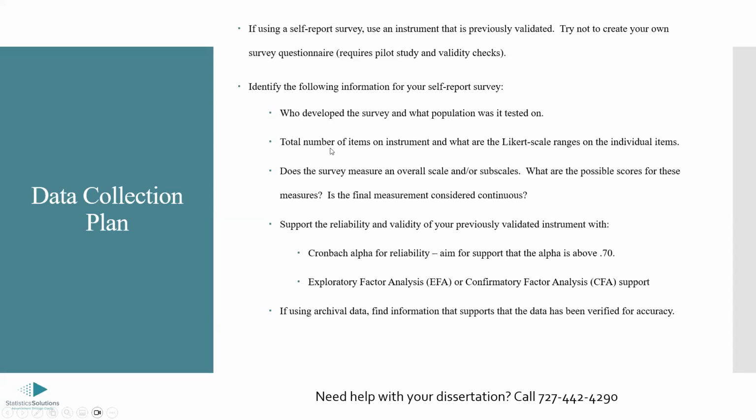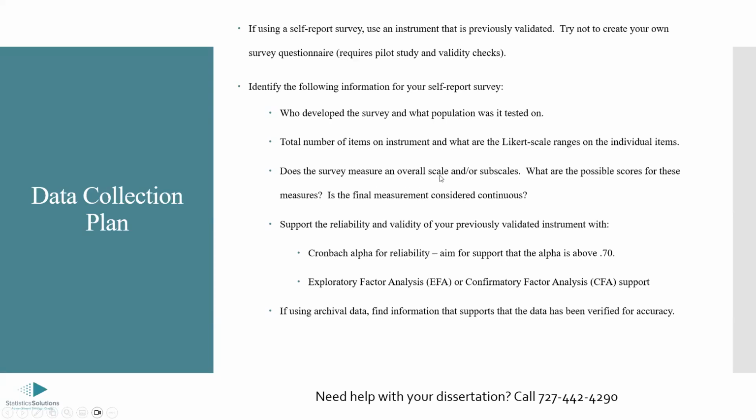Give an idea of how many numbers are on the instrument, how many survey questions. Does it use a Likert scale format, like strongly agree to strongly disagree? Is it a yes or no type of response? Is it an objective questionnaire where there's one correct response and the other responses are incorrect?